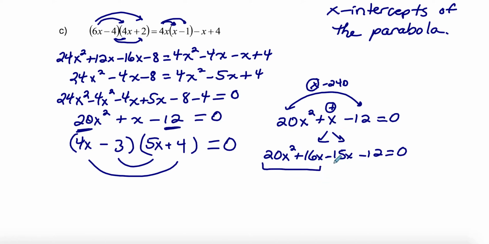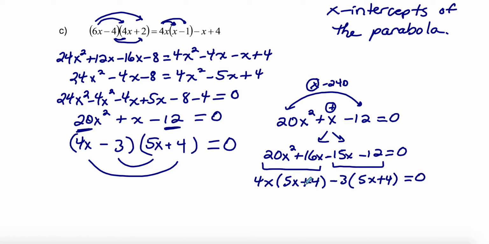So that's how we know we have the right numbers. We take the common factor by grouping, so we take a common factor of the first two terms, which would be 4x, and we're left with 5x plus 4. And then the second two terms I can divide by negative 3, and I'd be left with 5x plus 4. As soon as I see that my brackets matched, I know that I've done it correctly.